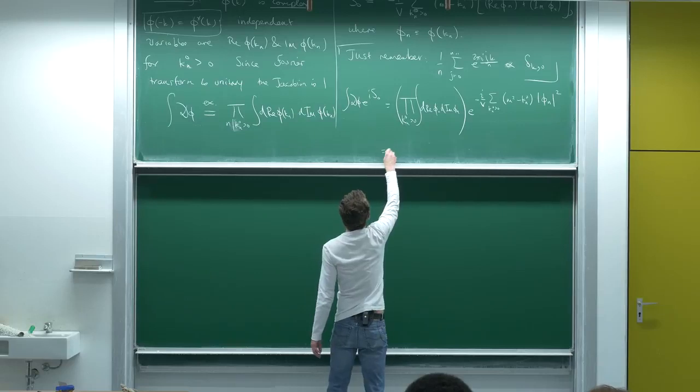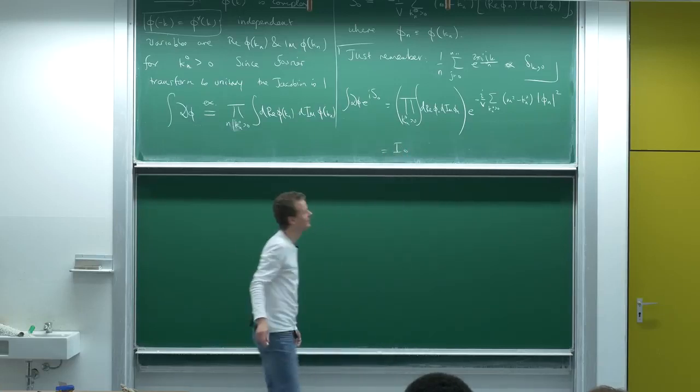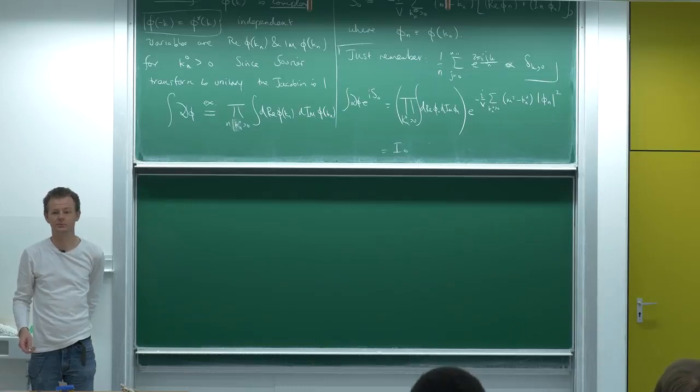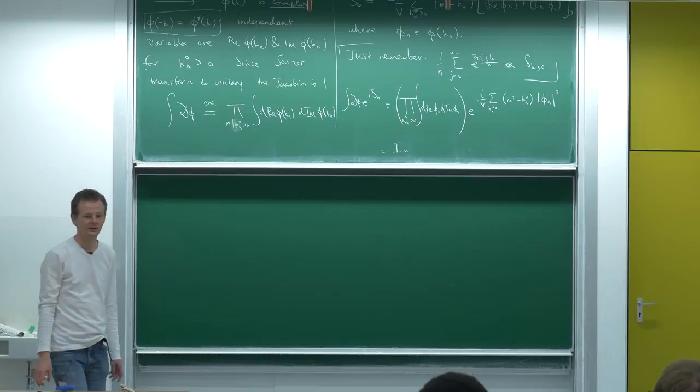So let's just call this integral I naught. Now that's a Gaussian integral over a finite number of degrees of freedom. We know how to do those.